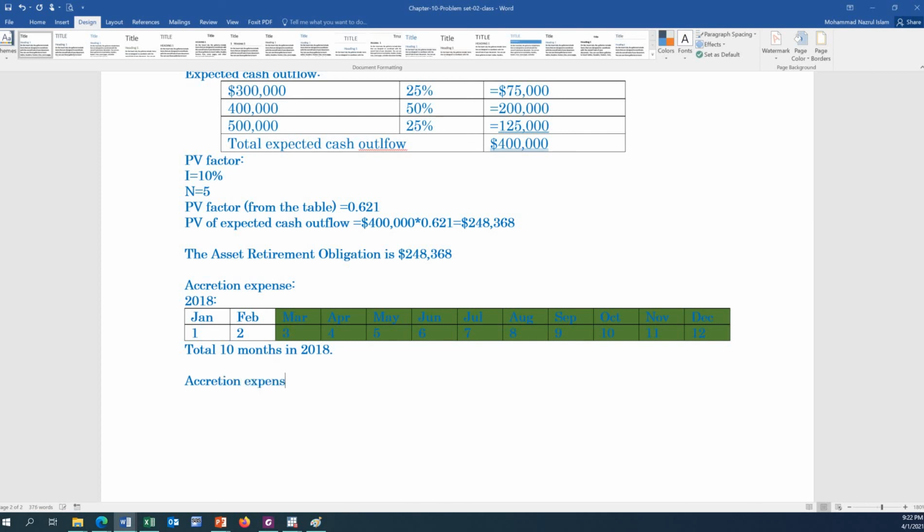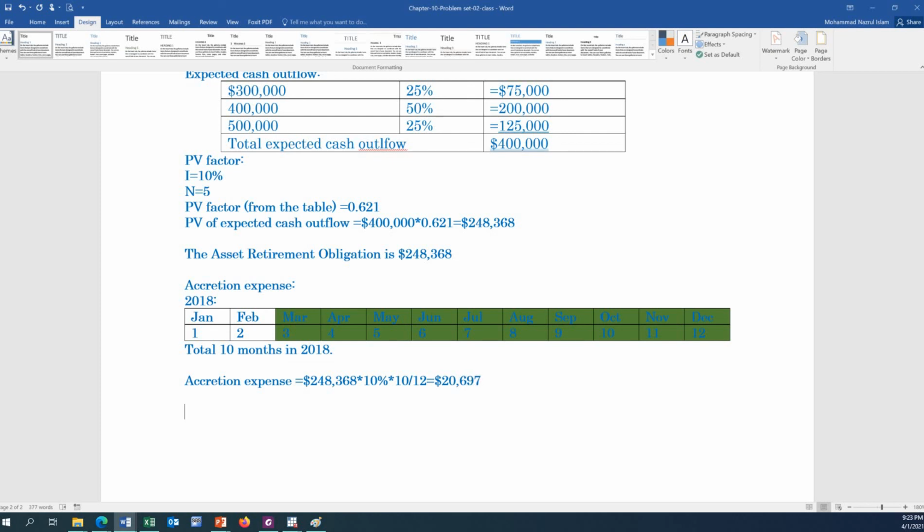Now the accretion expense would be equal to 248,368 multiplied by 10% multiplied by 10 over 12, because it is 10 months out of 12 months, which is equal to 20,697.